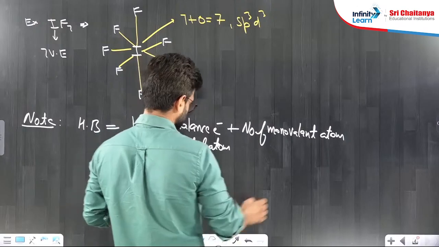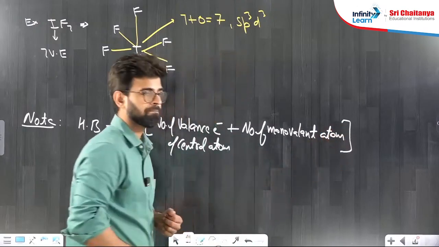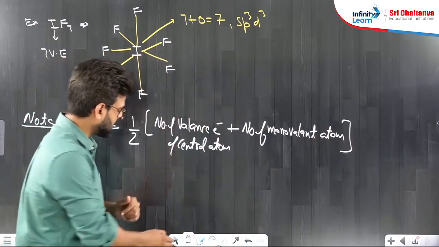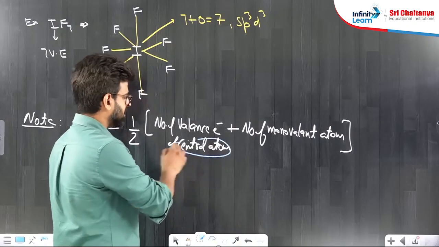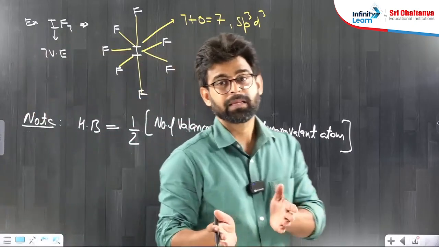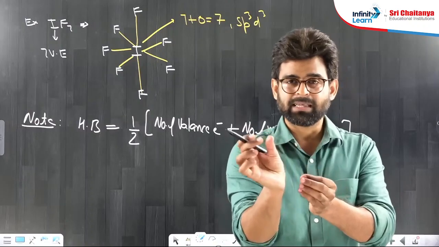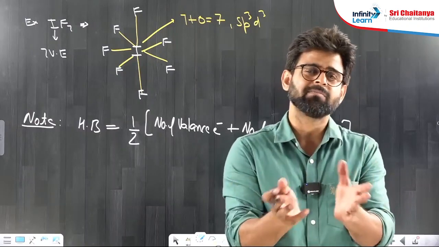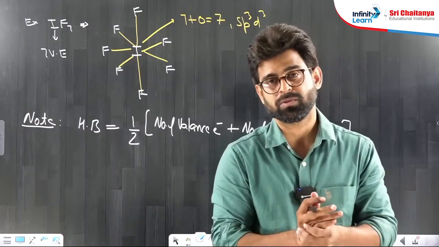Directly, why write so big? I am removing this part also, simply because they will ask for the central atom only. Even if they ask for some other atom, in big structures many atoms can be hybridized, no issue.